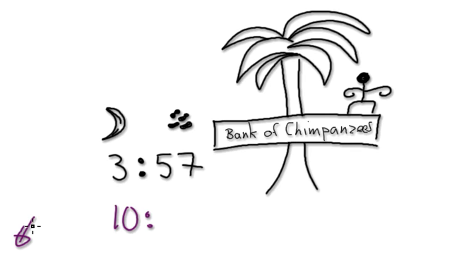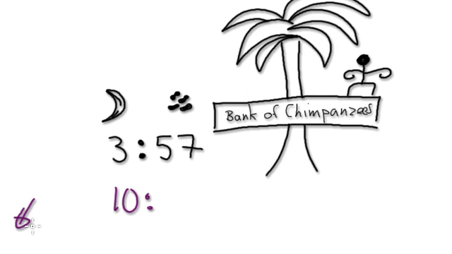Okay, so start by writing your ratio. This is your ratio, 3 to 57, and you want to work out how many peanuts you would get for 10 bananas. So X is here.